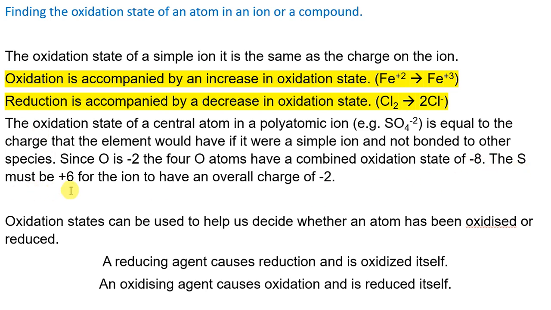The sulfur must be +6 for the ion to have an overall charge of -2. Oxidation states can be used to help us decide whether an atom has been oxidized or reduced. Again, a reducing agent causes reduction and is oxidized itself. An oxidizing agent causes oxidation and is reduced itself.